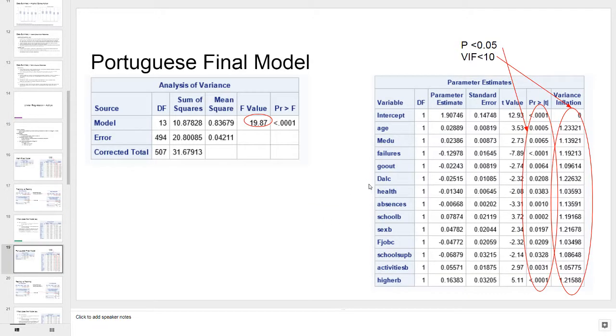For my final model for Portuguese, as you can see, the F value is much greater compared to my final model for math. Once again, my p-values are all below 0.05, and I had no VIF values above 10, meaning that there was, once again, no multicollinearity.